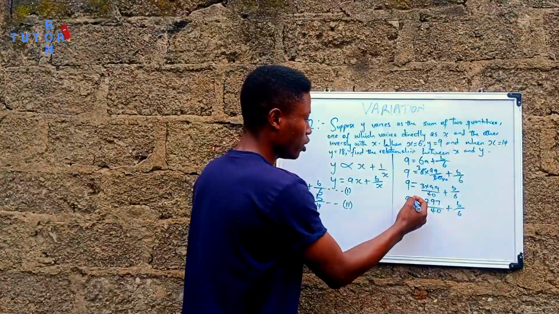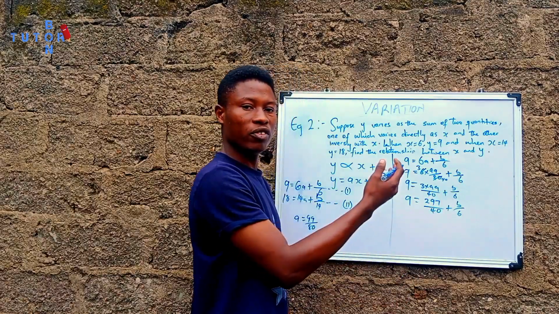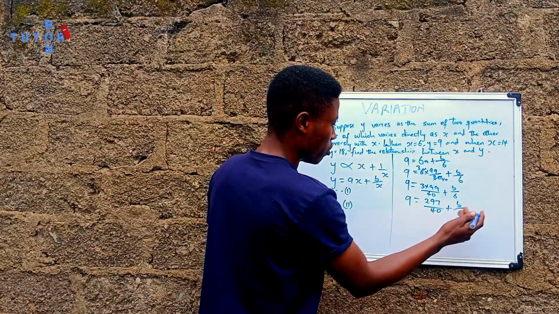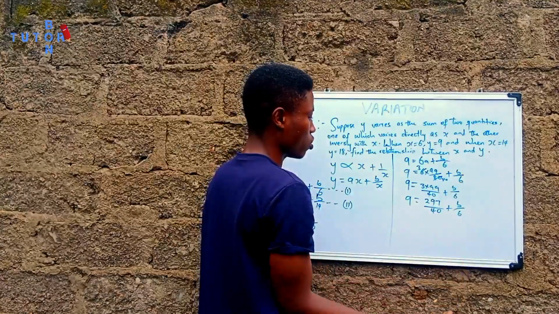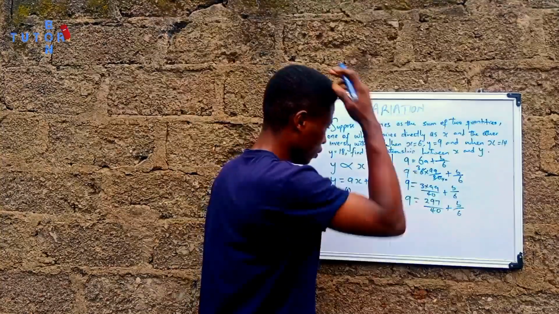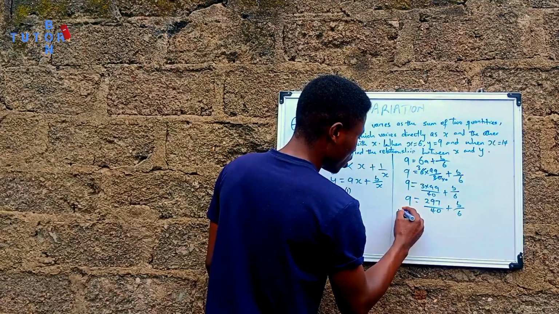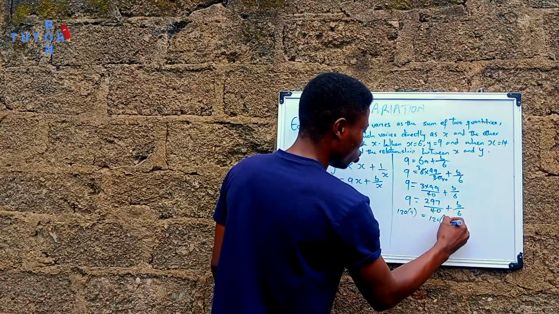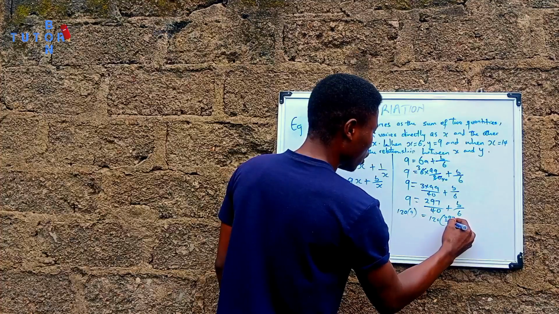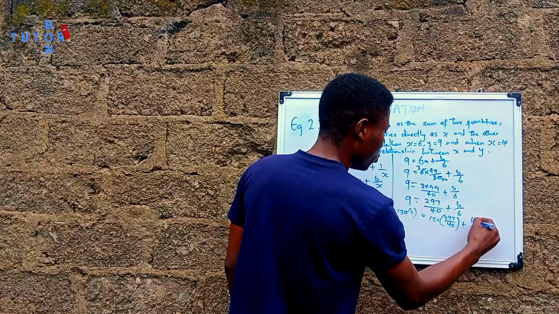I'll be multiplying through by the LCM of the denominator. I'll be choosing 120 because 40 goes into 120 and 6 also goes into 120. So that would be 120 into bracket 9 equals 120 into bracket 297 over 40 plus b over 6.